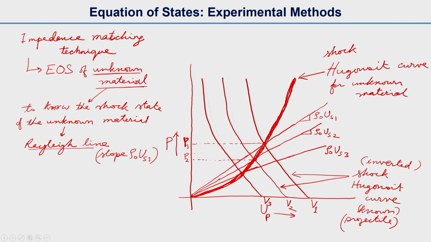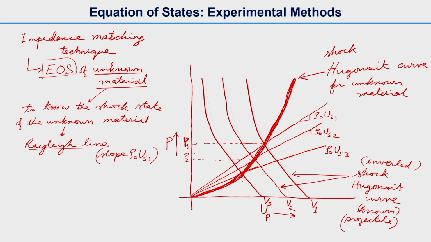Let us summarize this. This is actually what we wanted to know, the equation of state of the unknown material. That will be given by this shock Hugoniot curve, the thicker curve.